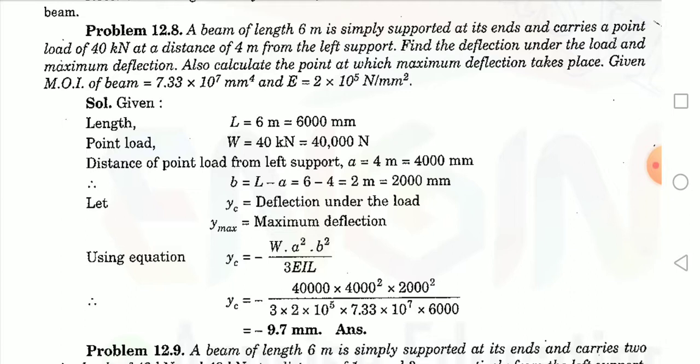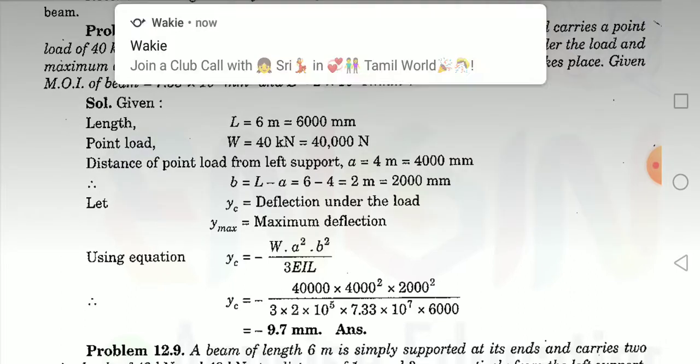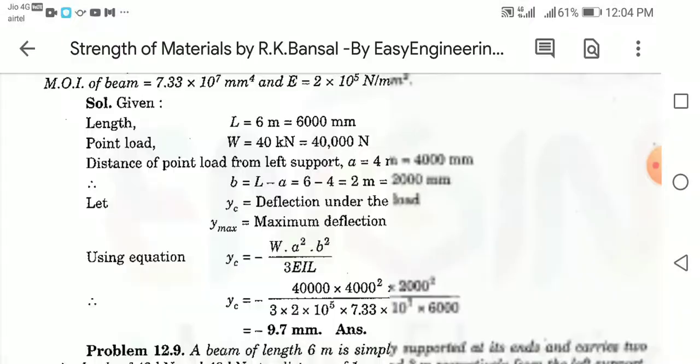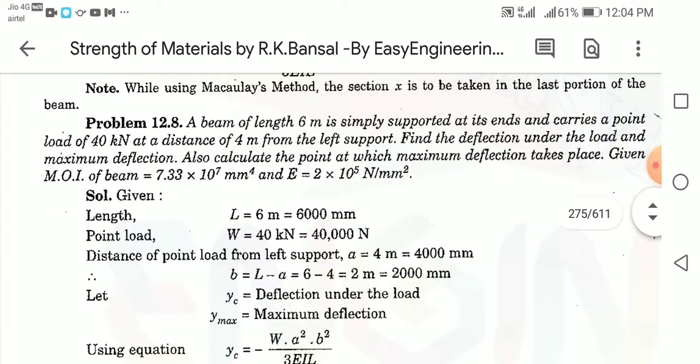So there is a 40 kilonewton load at a distance of 4 meter from the left support. Okay, so this is an offset load on the simply supported beam.